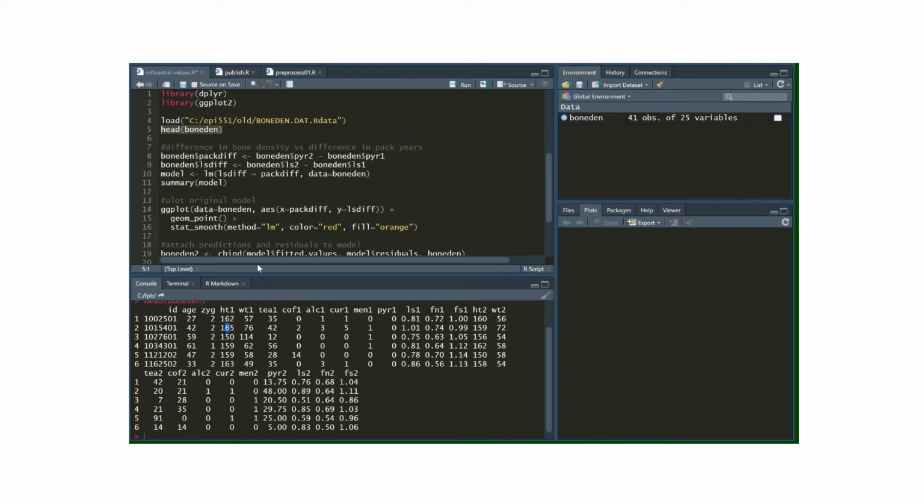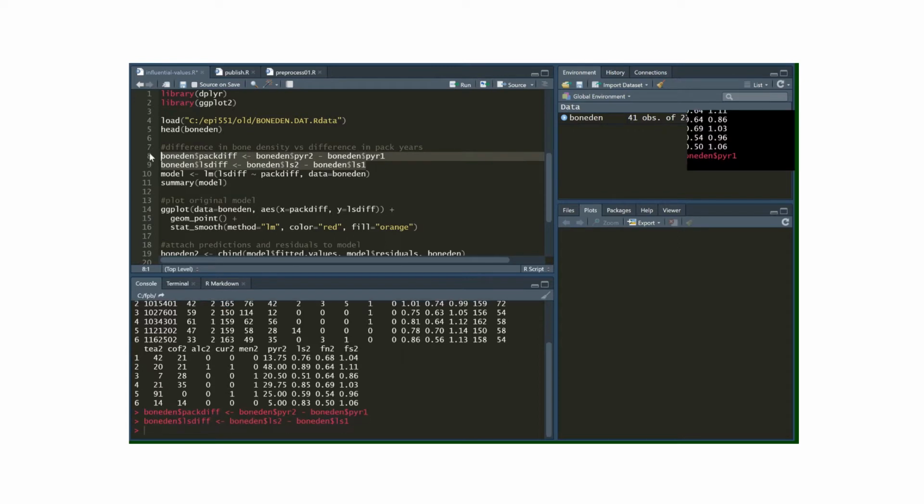Okay, so what we're going to look at in our regression model is the difference in pack years between the twins and difference in bone density between the twins. And so I create two new variables called pack diff and LS diff, which are just the difference between those two. And we run a model where the bone density difference, LS diff, is a function of pack diff.